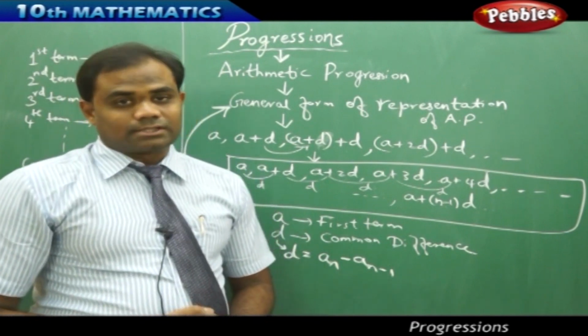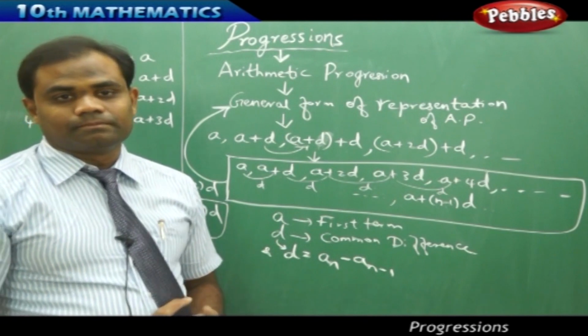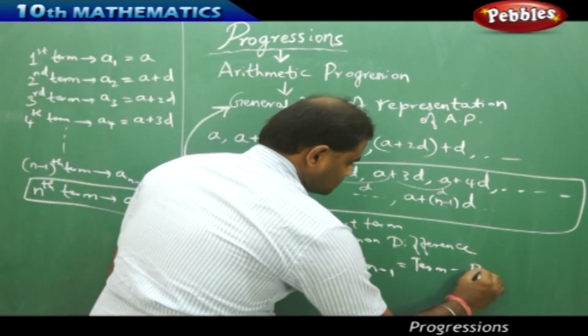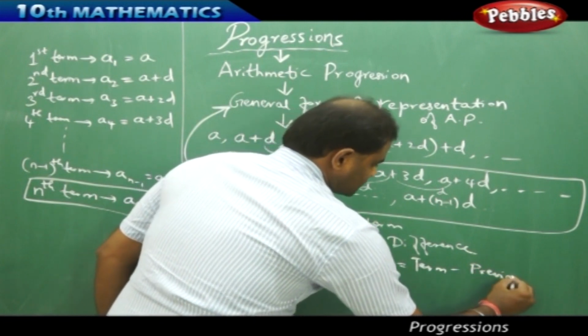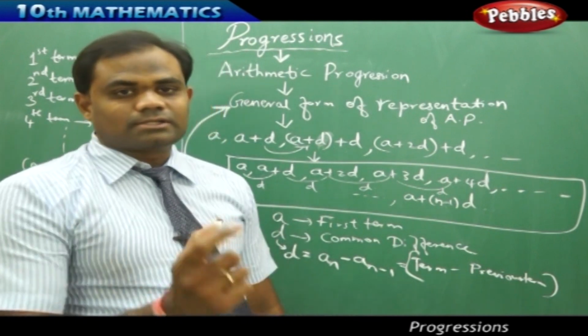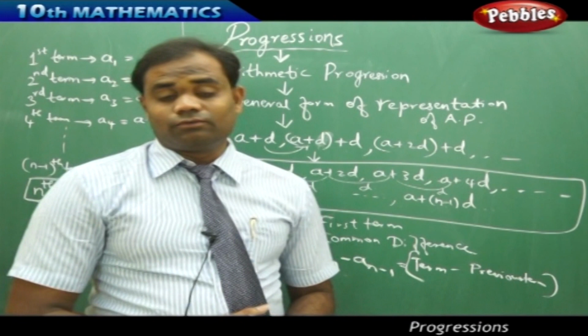The common difference is given as the term minus its previous term. It can also be read as term minus immediate previous term. The successive previous term is how I get the formula for the common difference.